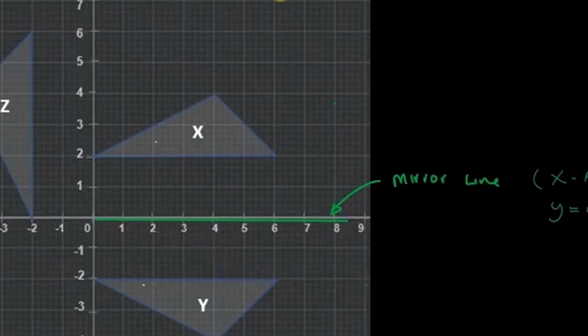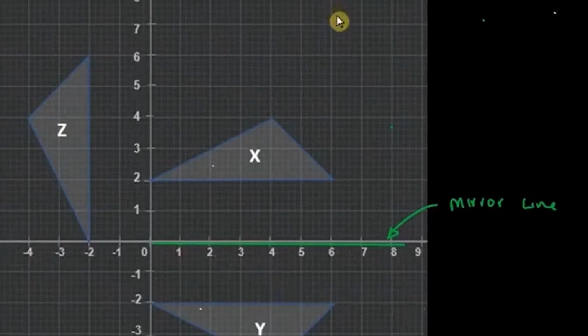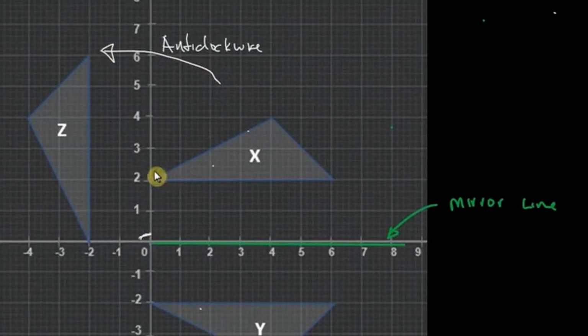Now the second part of the question reads as follows: describe fully the transformation which maps triangle x onto triangle z. So we're mapping this triangle x onto z. We can see clearly that it is rotated in an anti-clockwise direction, and the rotation is 90 degrees, and the center of rotation is the origin.